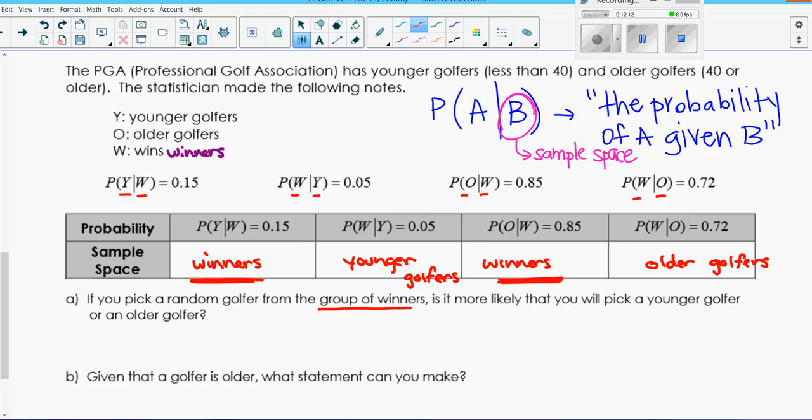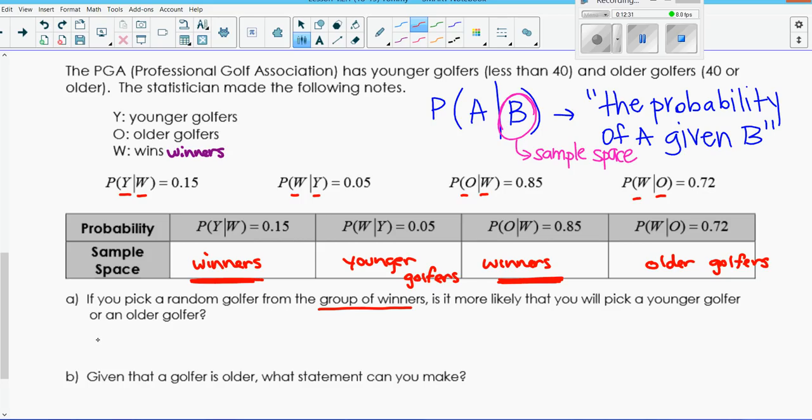Okay, so out of those winners, is it more likely that you will pick a younger golfer or an older golfer? Well, this one is younger 15, and this one is older 85, which should make sense because that tallies up to 100%. Okay, so that means that it is more likely that you pick an older golfer.